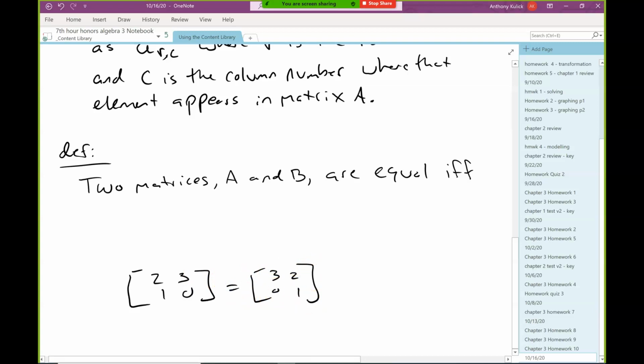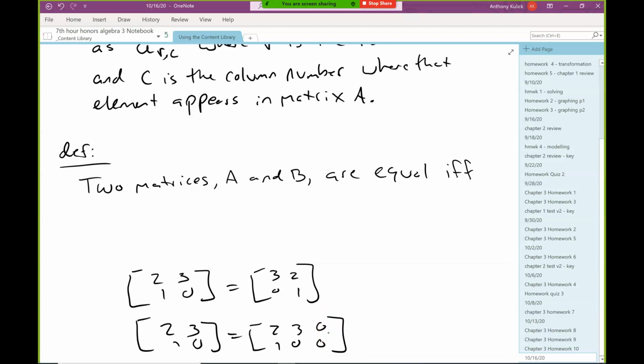Oh, like the same numbers in the same spots. Okay. Yeah. So the same numbers in the same spots. Okay. So would you say that these are equal then? No. Okay. Well, wait. Well, no. They're not totally the same. What other piece is missing from having to have the same numbers in the same spots?